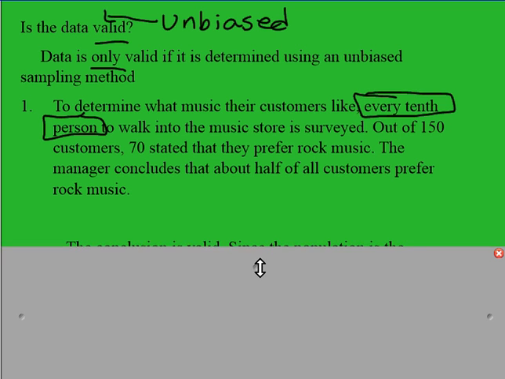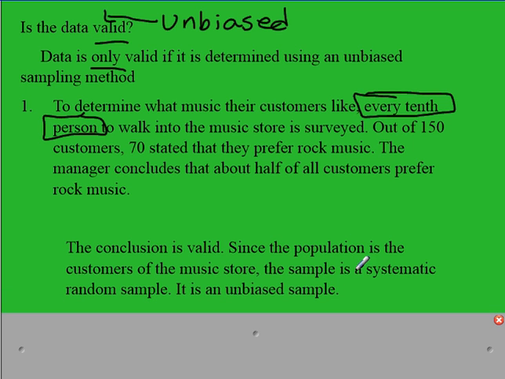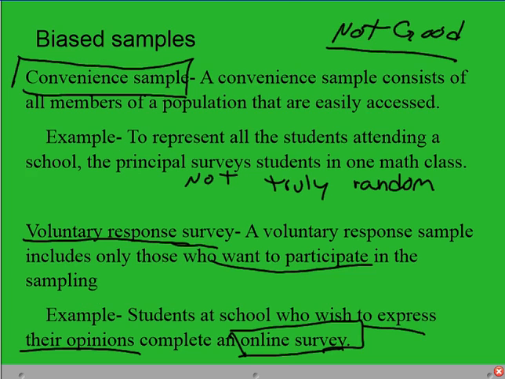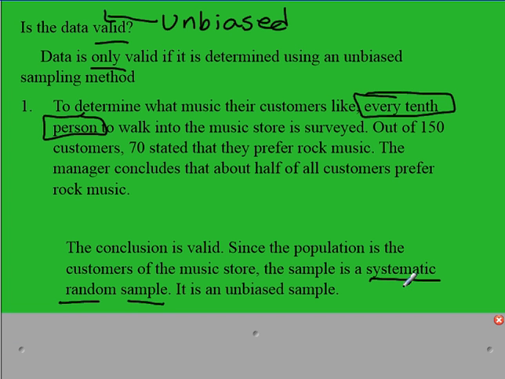When we ask ourselves what kind of sampling method that is, it is a systematic random sample. Okay, so a certain interval, you'll remember that's one of the key words, interval, so every 10th person is selected. So because this is a systematic random sample, it is an unbiased sample, and so we can conclude that the results are valid.